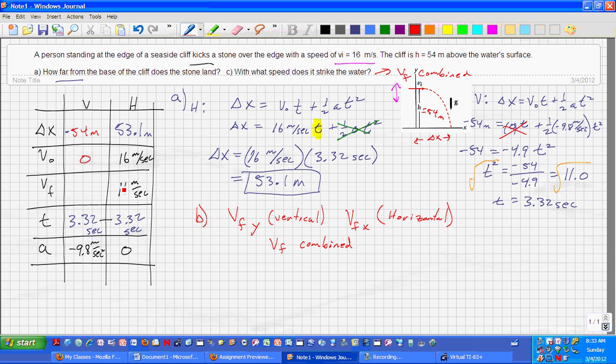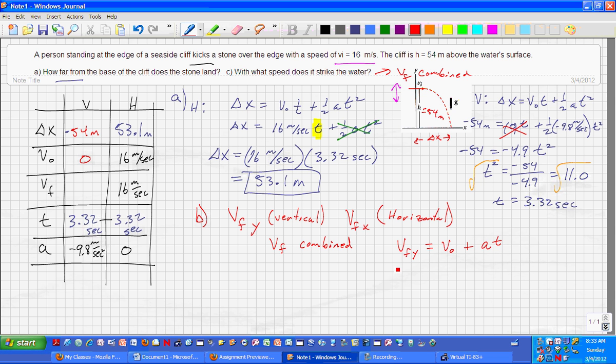So let's find V final in the vertical direction. V final, y direction, is going to be equal to V0 plus AT, all in the vertical direction.